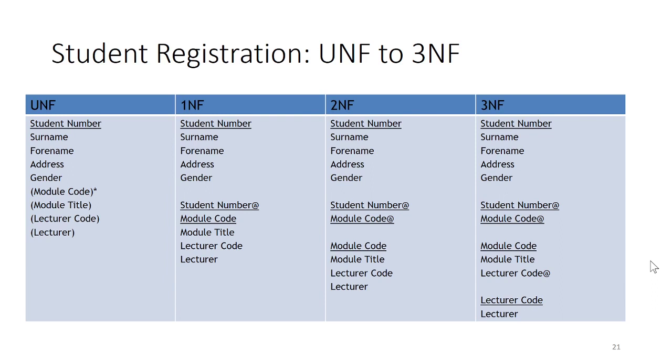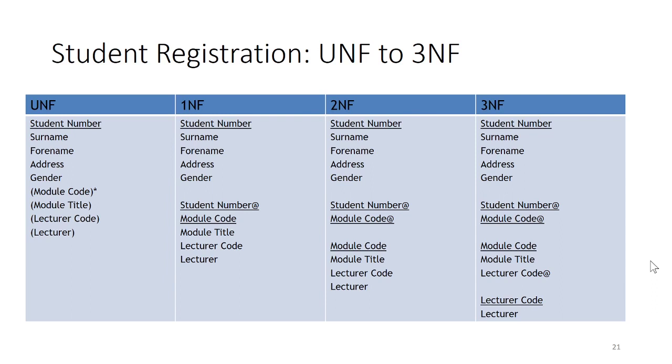From first to second, as you can see here, we check for dependency of non-key attributes on every part of the primary key. For this case, from first to second, we split this group of attributes into these two new groups.